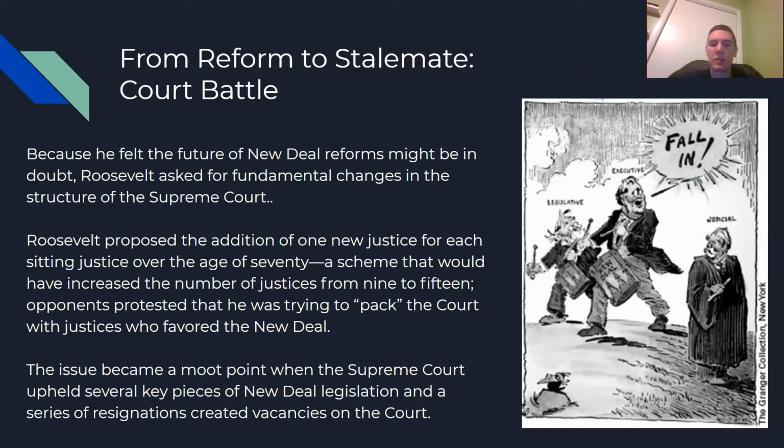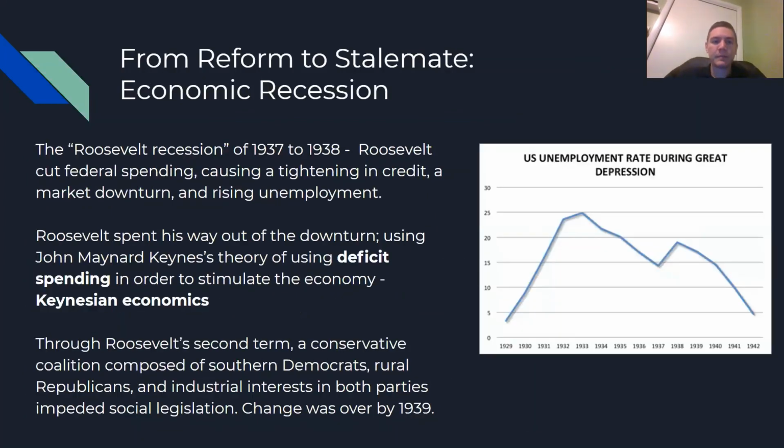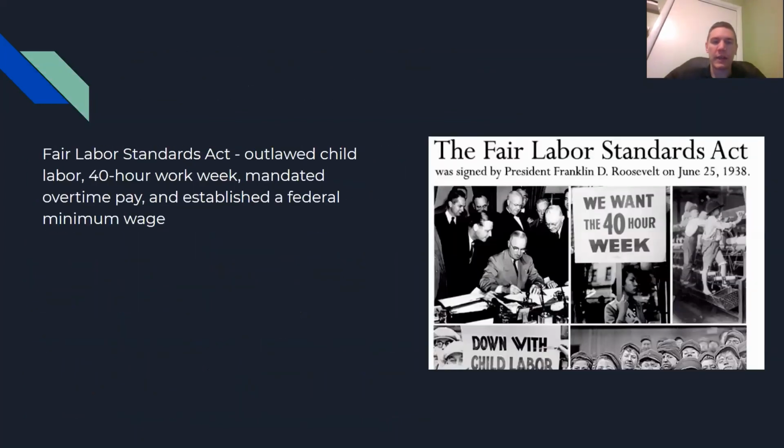But the Supreme Court kind of changed after this time period and began to support the New Deal. It also made many Americans dislike Roosevelt because it seemed like he was trying to take over the government. Okay, we're going to skip that. Fair Labor Standards Act creates a minimum wage.